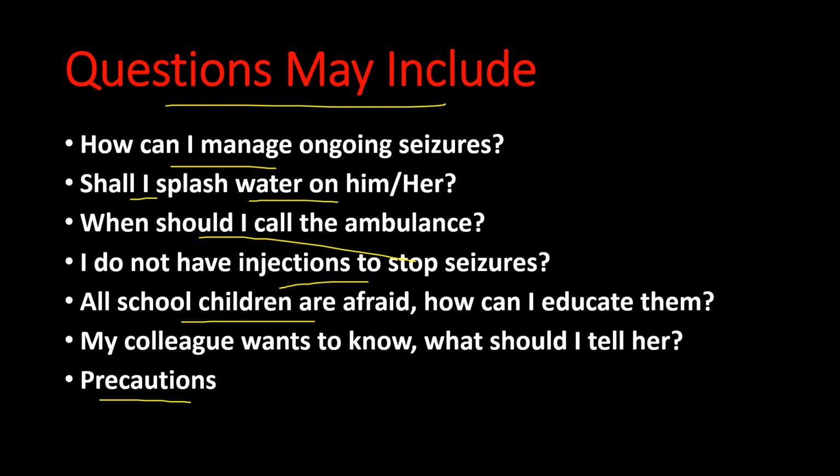So these are the things which we usually give to the parents as well. So these are the precautions for epilepsy. So this is the information given to the school nurse. Another scenario in epilepsy you might face is simple febrile seizures, or a known case of epilepsy, or a first-time diagnosis of epilepsy where parents want information.